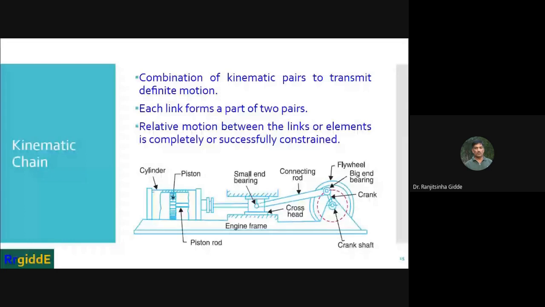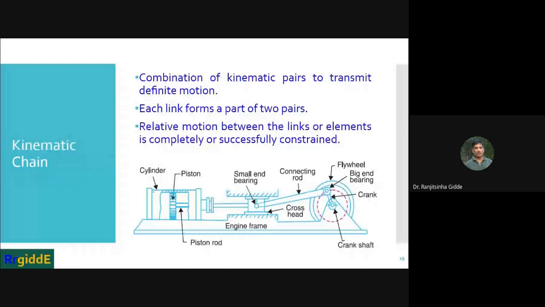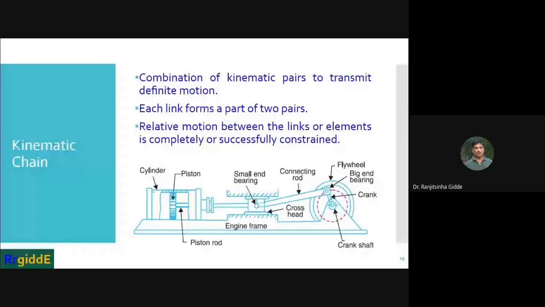Then this is about the kinematic chain. What is the definition of the kinematic chain? A combination of kinematic pairs to transmit definite motion is called a kinematic chain. So kinematic pairs are combined to transmit definite motion.